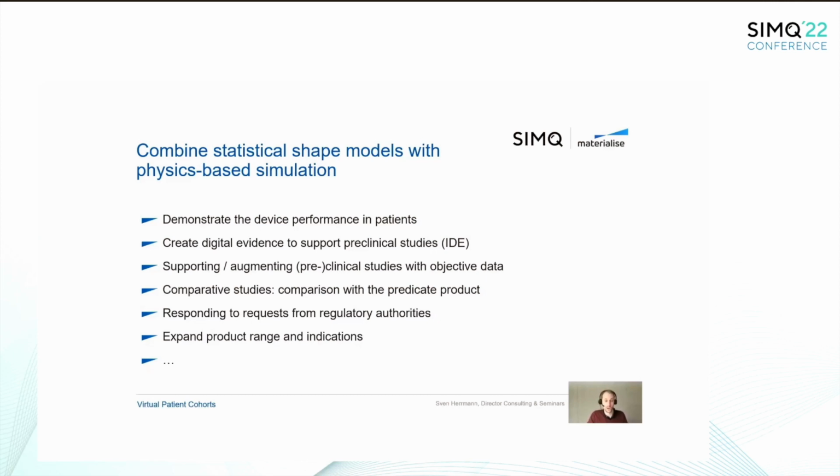You can also conduct comparative studies where you compare your device with a predicate product or gold standard, which can then be used for responding to regulatory requests or post-market surveillance purposes. Or you can simply demonstrate why you can expand the product range and indications of your device, and so on.